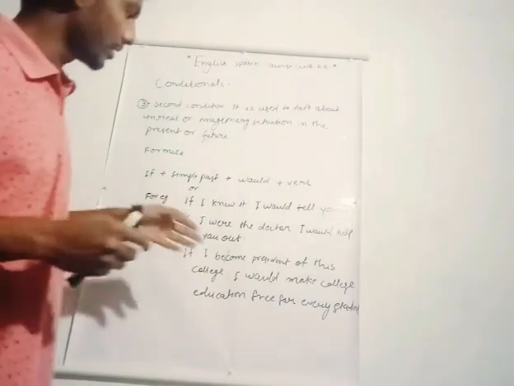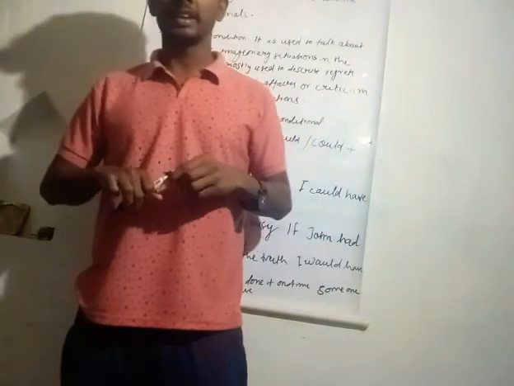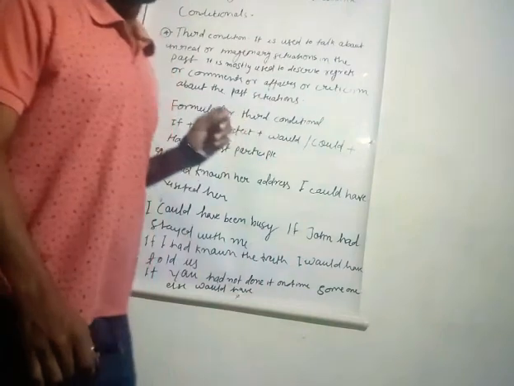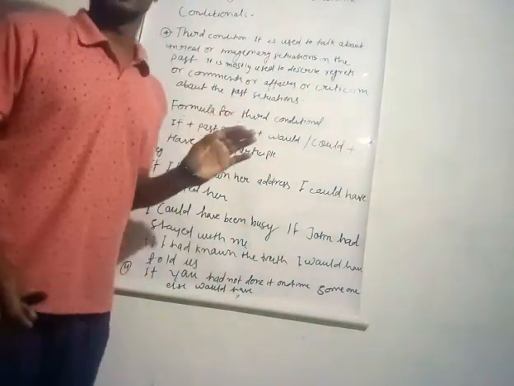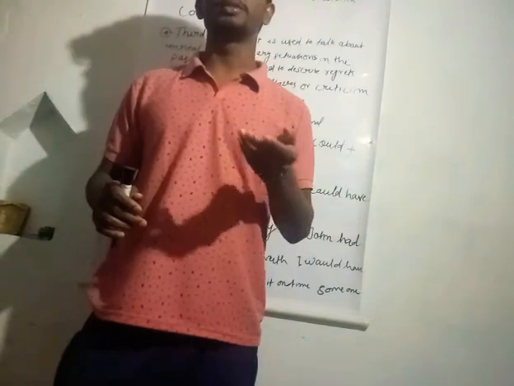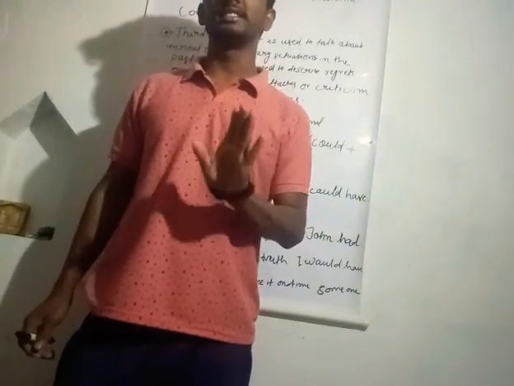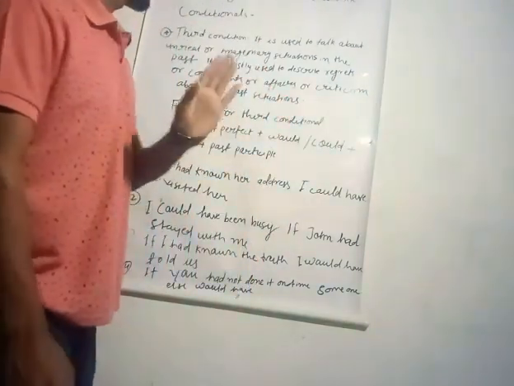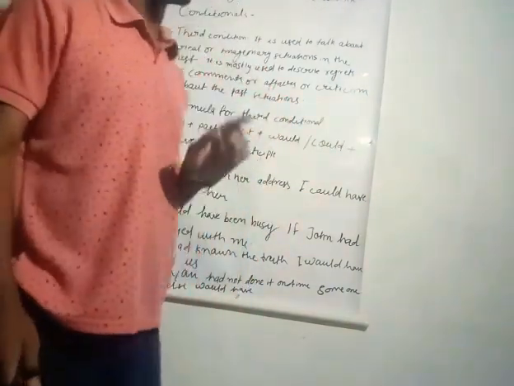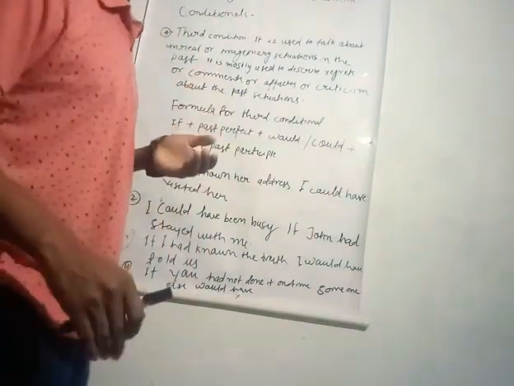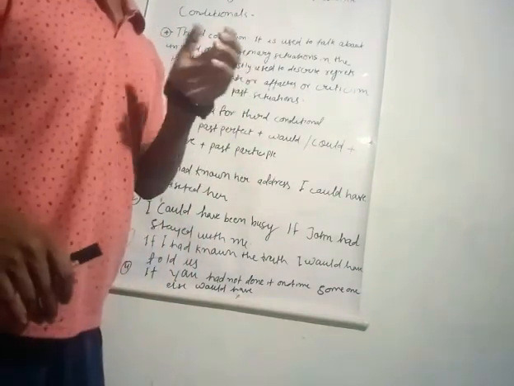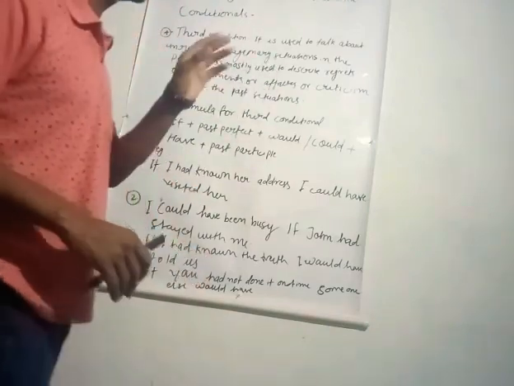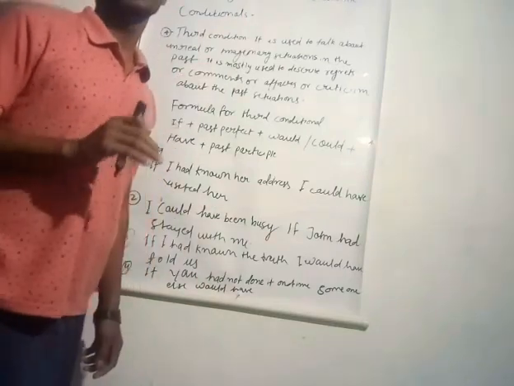Hello everyone. In my previous video, I had talked about the second conditional. In that video I made it clear that it is easy to understand the second conditional, but the third conditional is different. In the second conditional, the sentence tells you about an imaginary or unreal situation happening in the present or future.